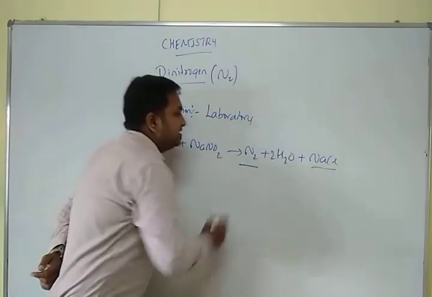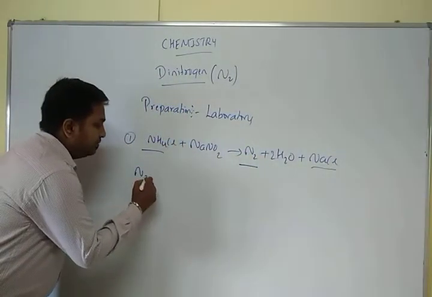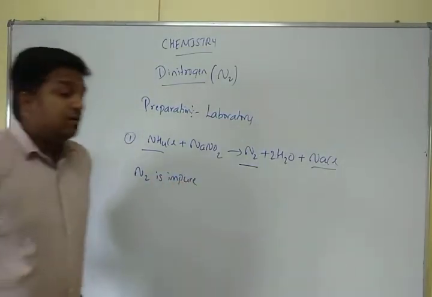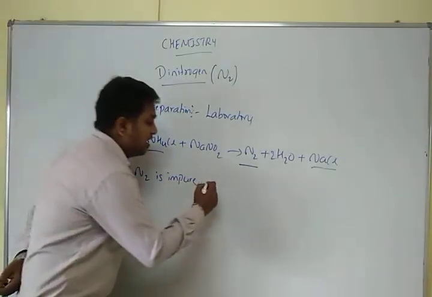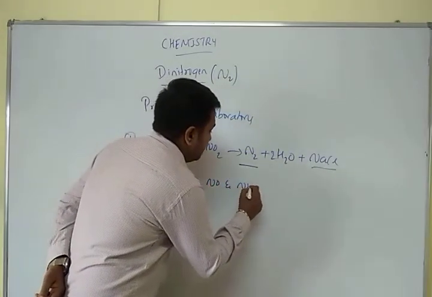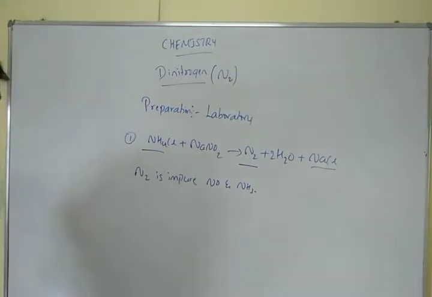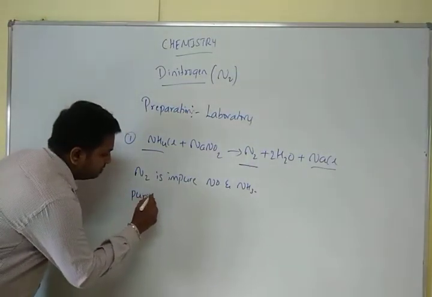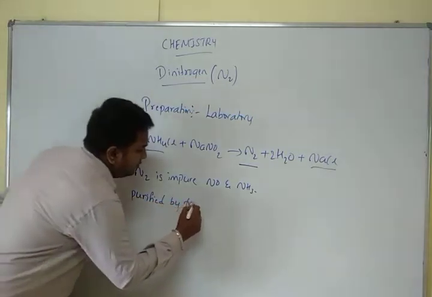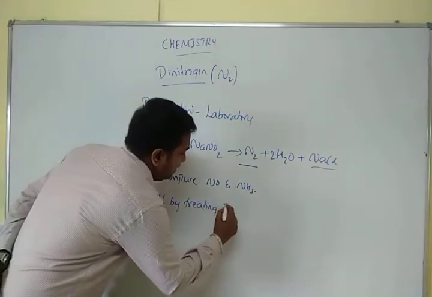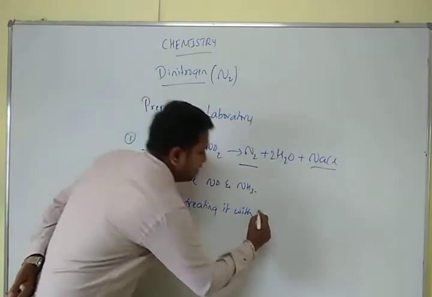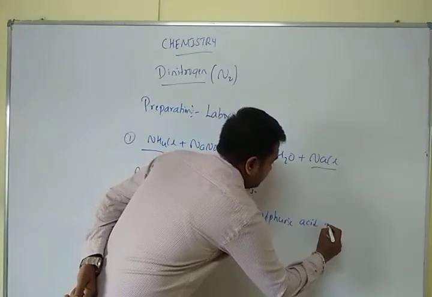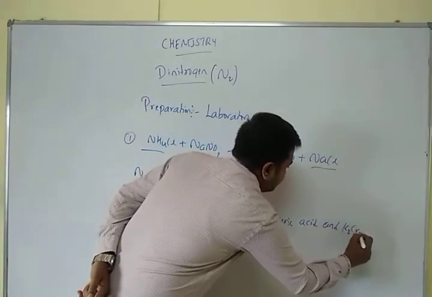But the dinitrogen we get is actually impure. It is impure. Clear? It consists of NO and NH3. So this is impure. This can be purified by treating it with sulfuric acid and potassium dichromate.